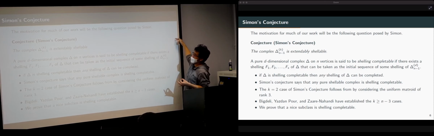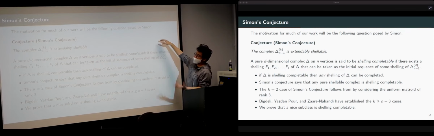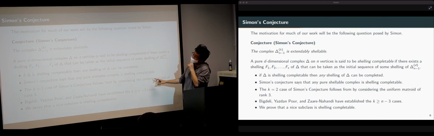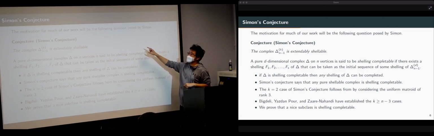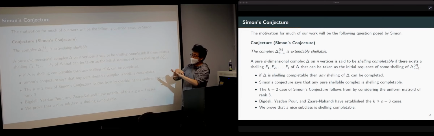Given a graph, a shellable complex is just one that is connected. So Simon's conjecture in the dimension 1 case is: if you have a connected graph with some missing edges, can you always add an edge so that it is still connected, which is quite easy to prove.